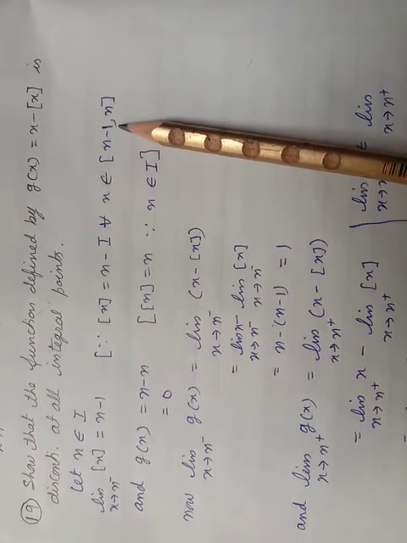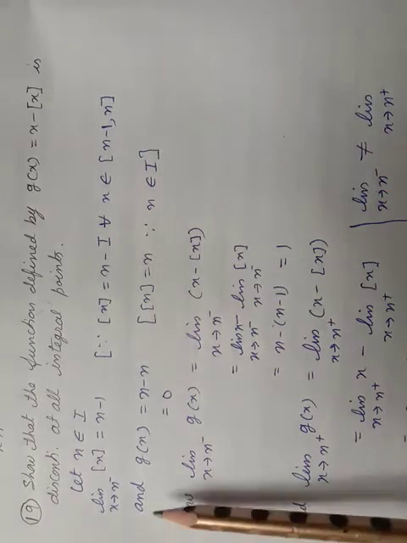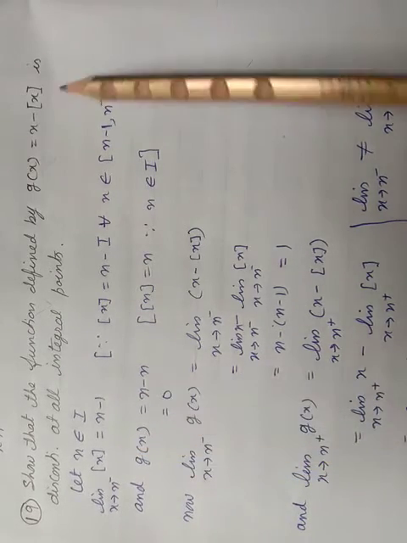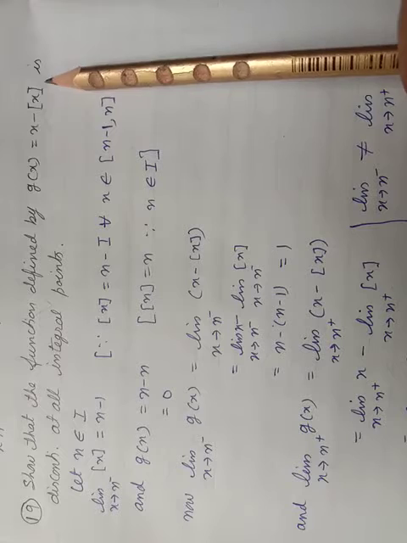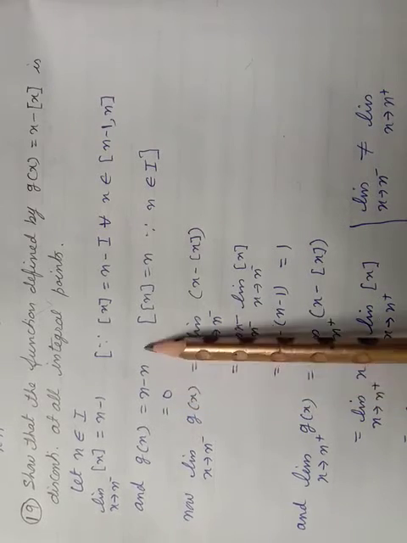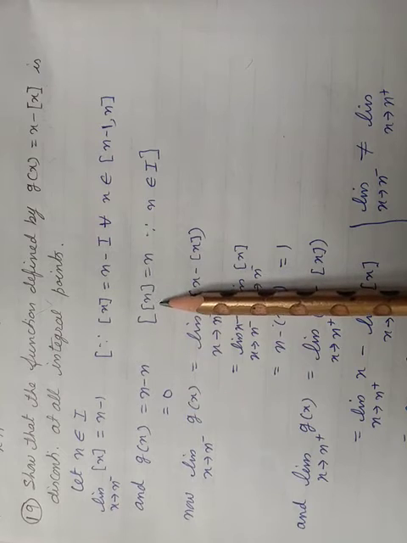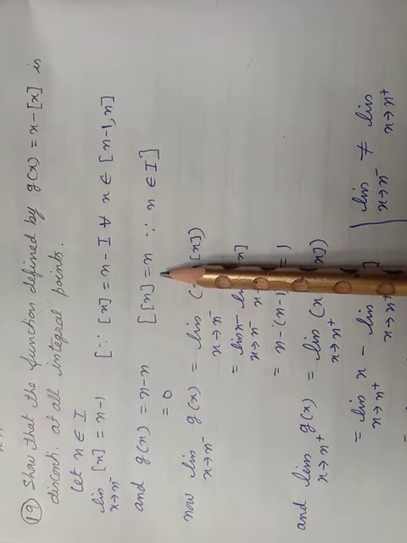Clear? N minus 1 when you are subtracting 1. And g(n) equal to, when we are putting g(n), it is n minus again n. So n minus n, that is equal to 0, because box n, its value is n.